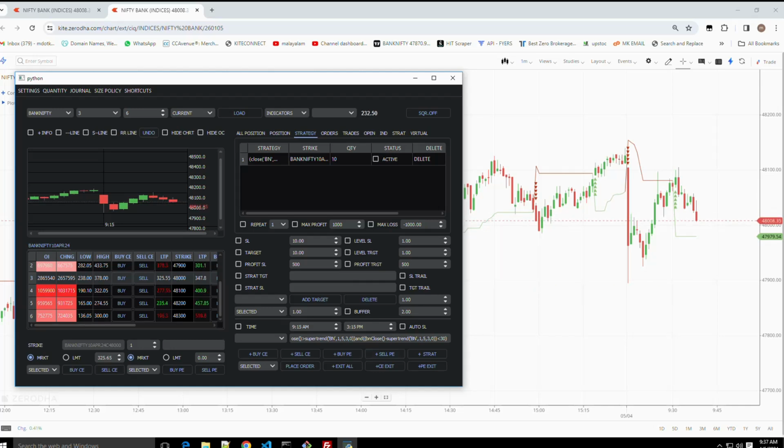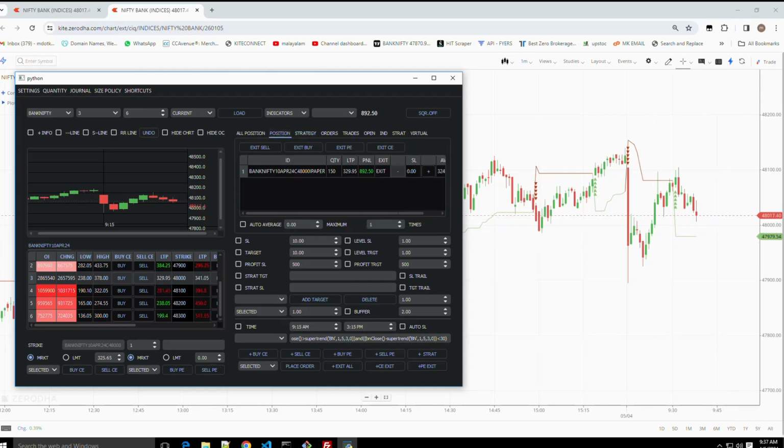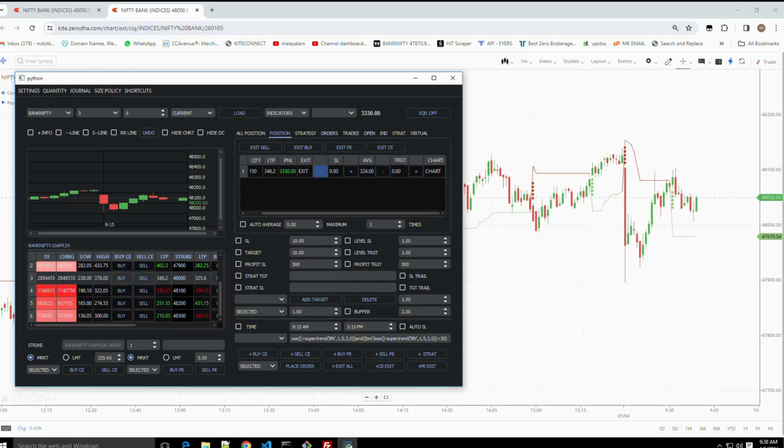The order is placed as it has closed below our SuperTrend value. I am exiting the trade.